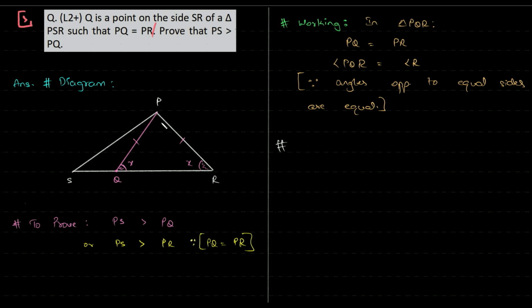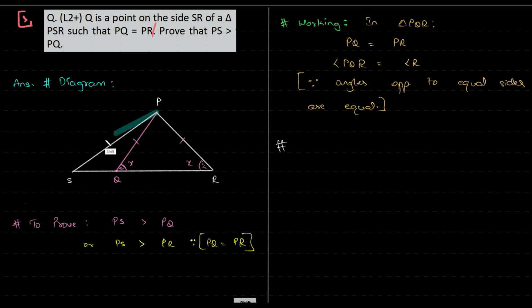So PS and PR or PQ, how are they related? Obviously, since we are talking about inequality, they have to be related with angles. So what angles should we talk about? Well, if I talk about PS and PQ, it has to do with which triangle? Please think about it. Again, if I tell the answer, it's of no use. You should think about it.